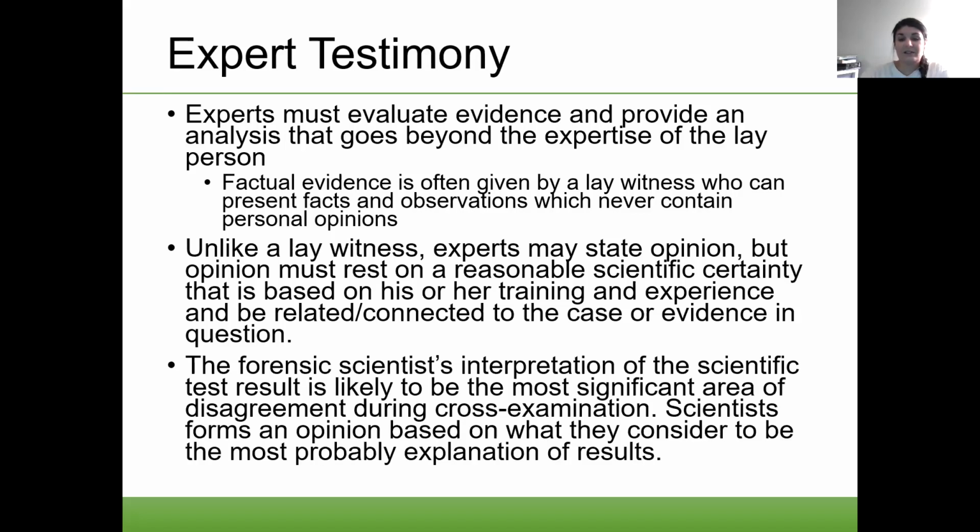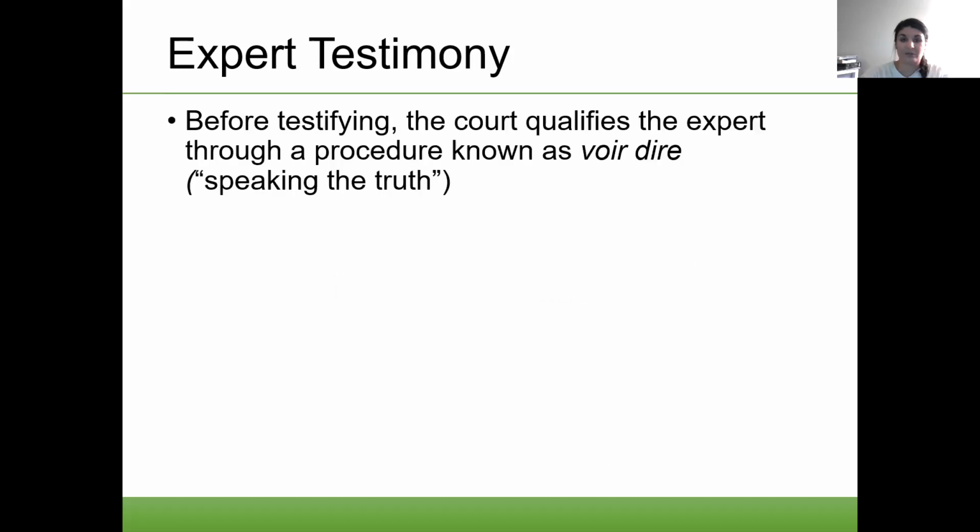A forensic scientist's interpretation of scientific test results is the most significant area of disagreement during cross-examination. The scientist forms an opinion based on what they consider to be the most probable explanation of the results. Another forensic scientist might have a different opinion.